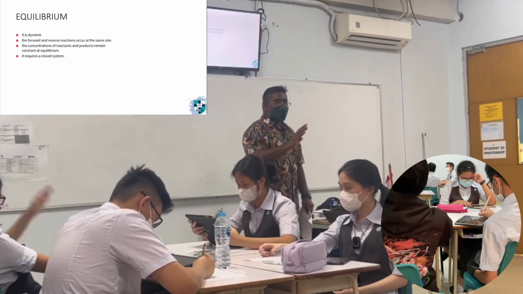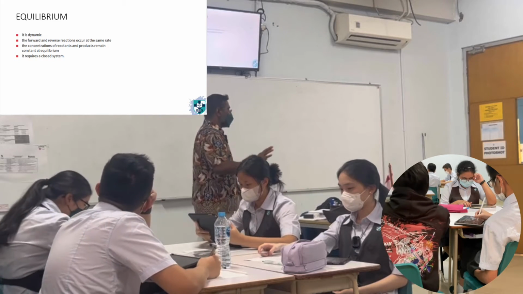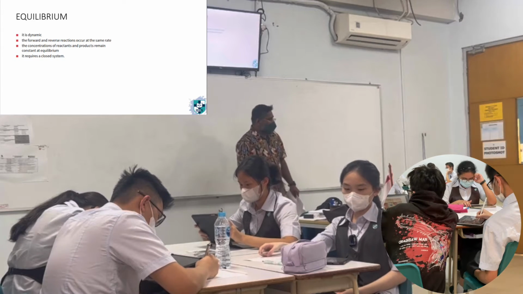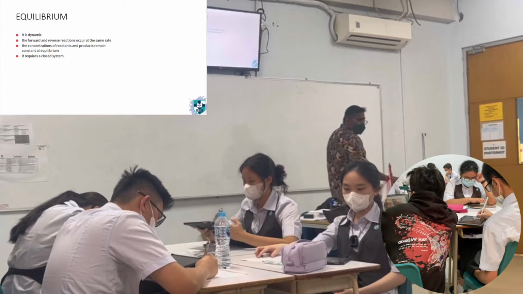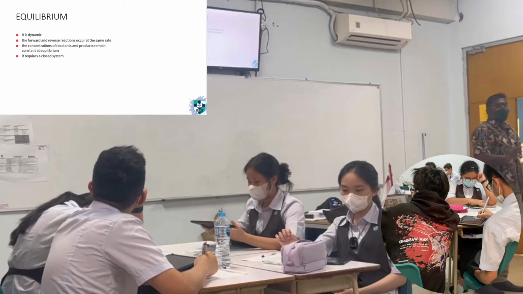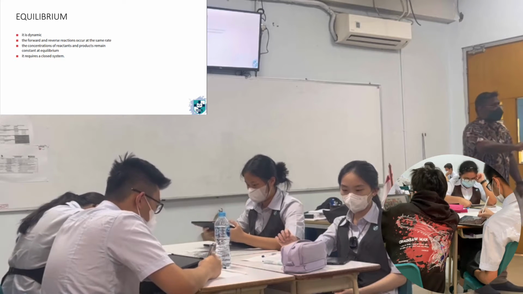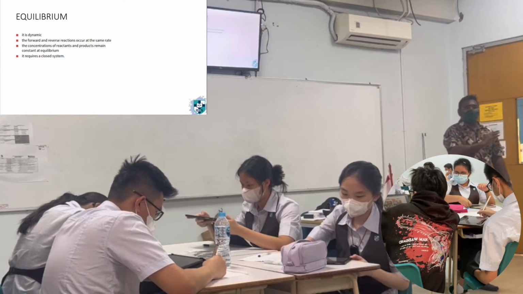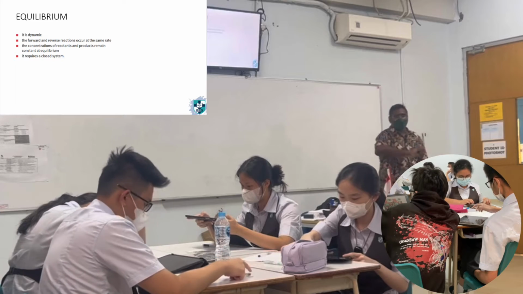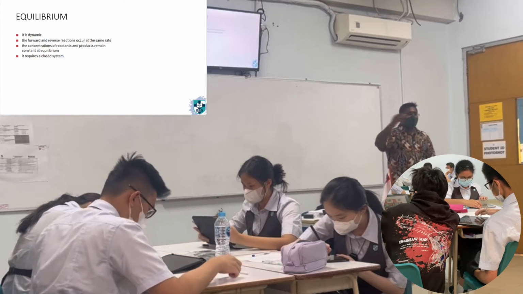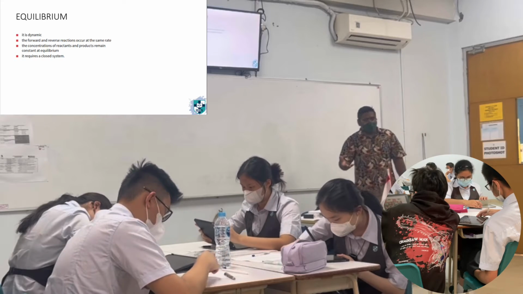Dynamic means they are continuously reacting even though they reach equilibrium. The reaction never stops. Then the rate of forward and reverse reaction are going to be the same. So there is no more product being formed. It's going to be continuous. The rate of formation of product and the change from product to reactant is going to be the same.